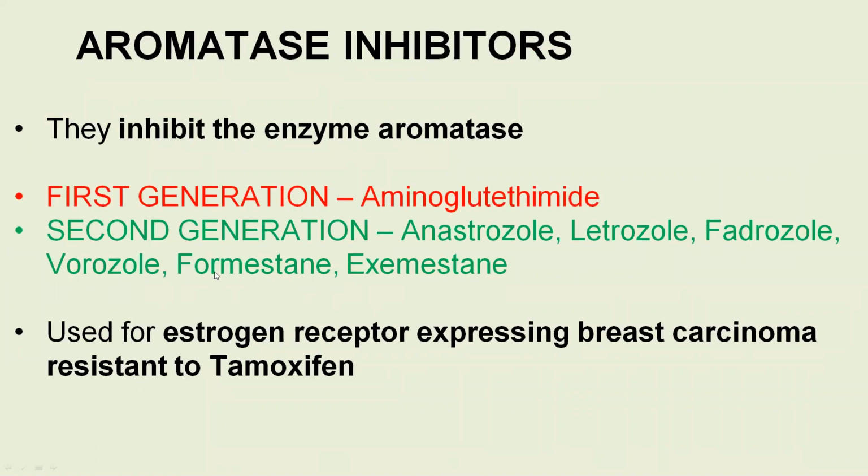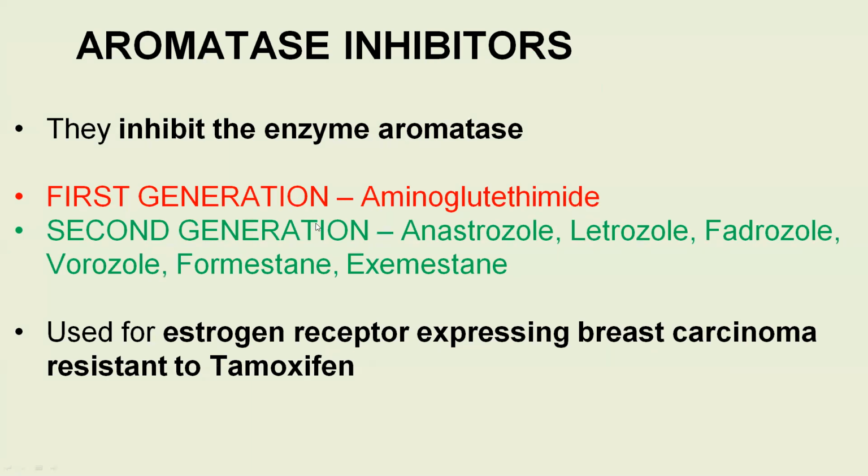So the next group of drugs are aromatase inhibitors. They inhibit the enzyme aromatase, which is responsible for the conversion of testosterone to estradiol in the body. Again, these are of two generations. In the first generation, aminoglutethimide comes.